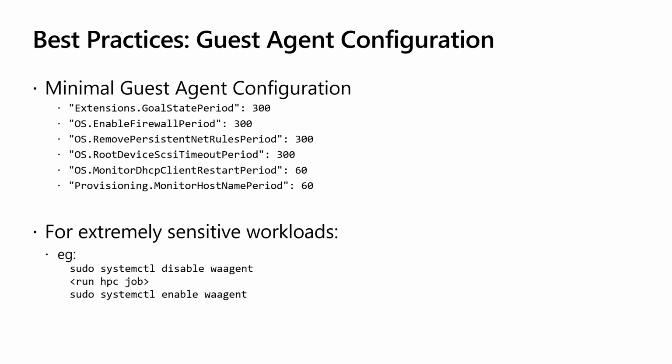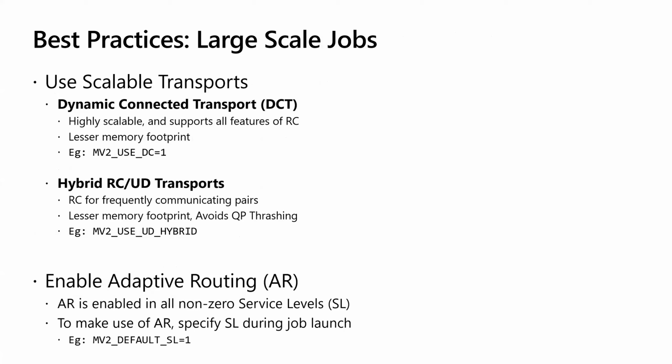Coming back to the runtime configuration: when you really scale out, the best practice is to use scalable transports. The SKUs support DCT, so if possible, use that. MVAPICH2-X has an environment parameter to use DC, which enables it.